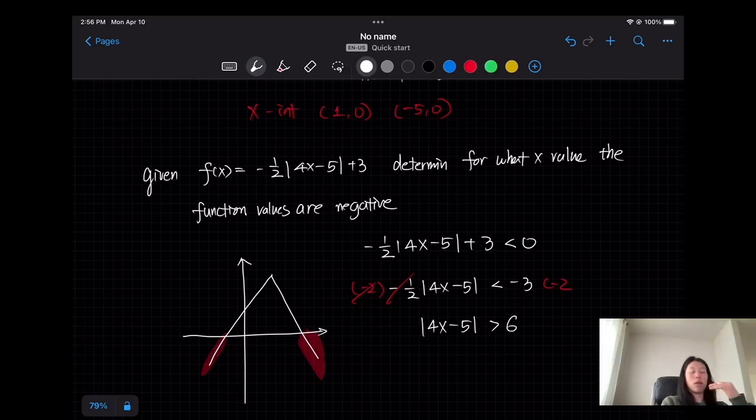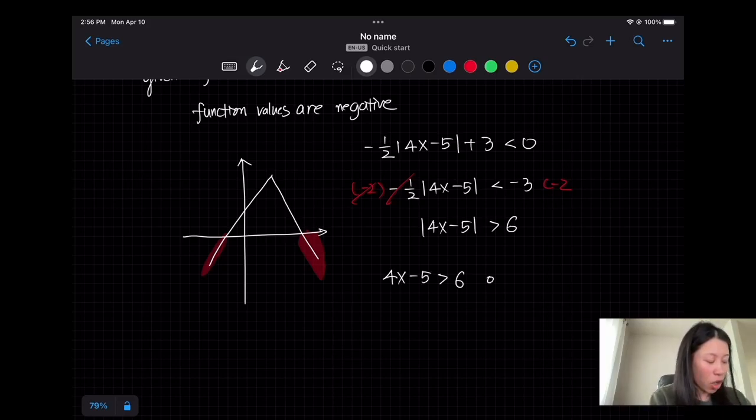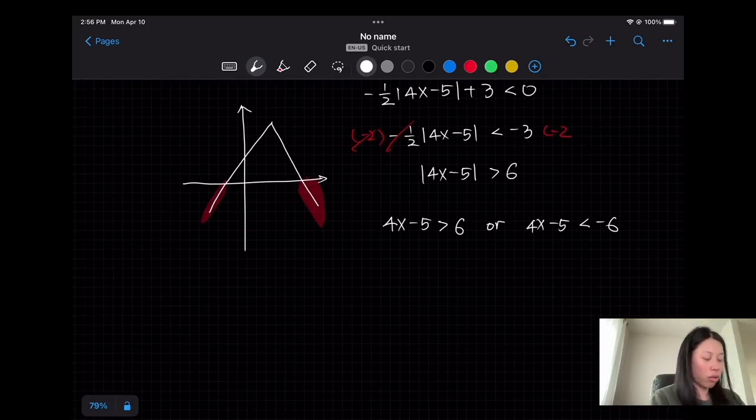Okay, so when the absolute value is greater than, that means the value is either going to be 4x - 5 greater than 6 or 4x - 5 less than negative 6. Let's continue to do these two different calculations. I add 5 on both sides. So I have 4x greater than 11.